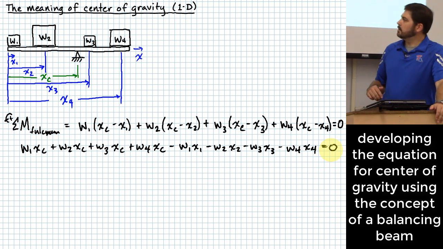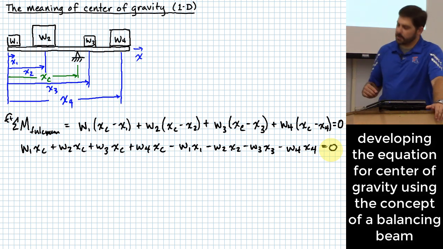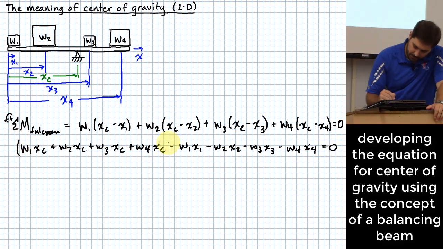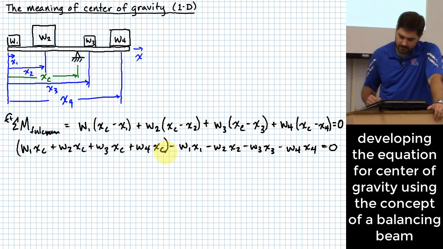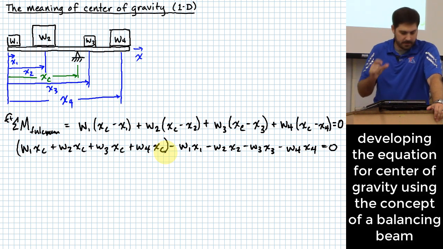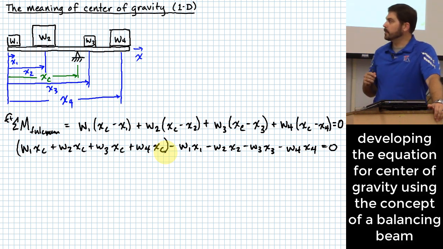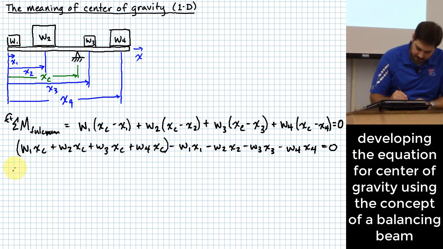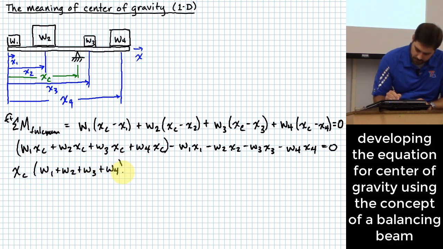Okay? Well, then what could I do with these first terms over here? They each have a common factor in each one of those terms in that sum. And I could factor it out. I could say x sub c times W1 plus W2 plus W3 plus W4.